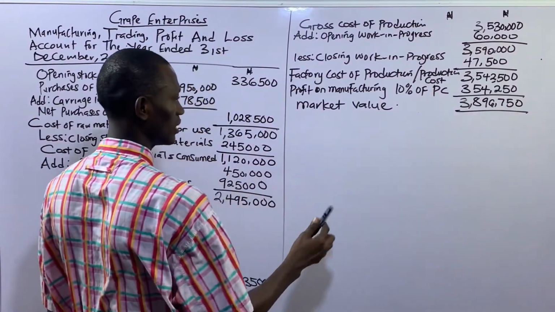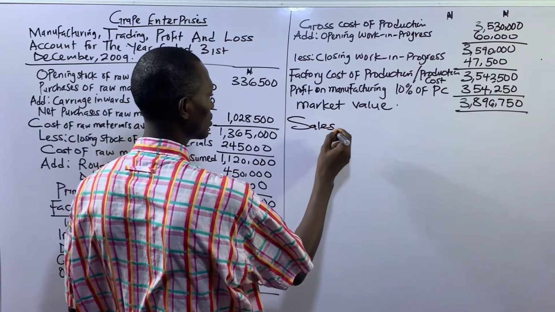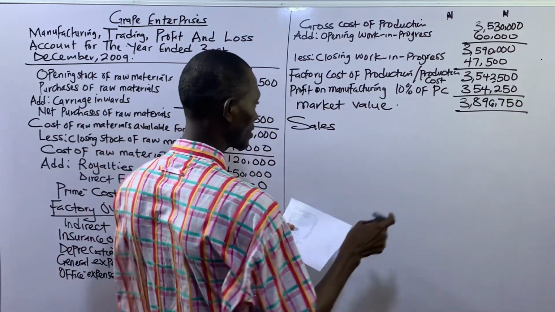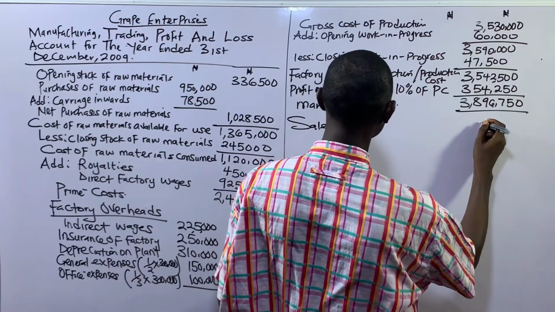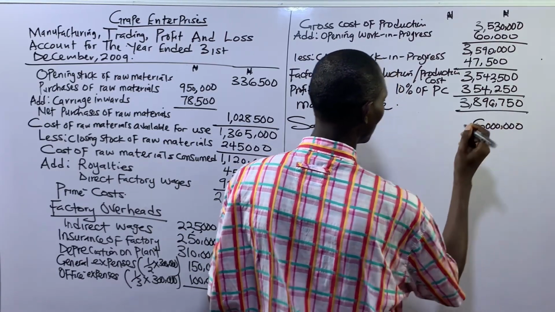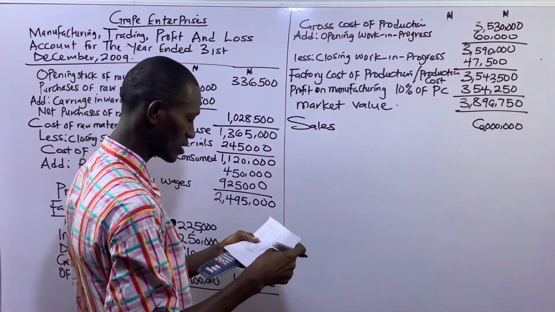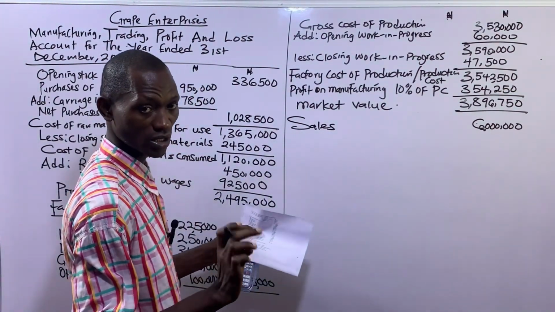So let's start with our trading accounts now. So we have sales. Sales is given as 6 million. Then if there is any return inwards, you less it. But in this question, we're not given return inwards.